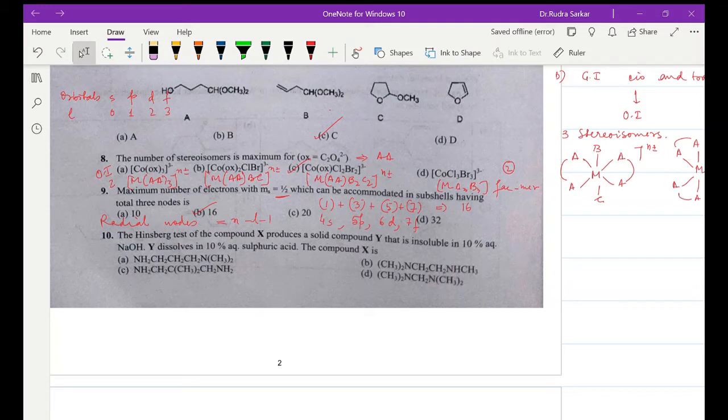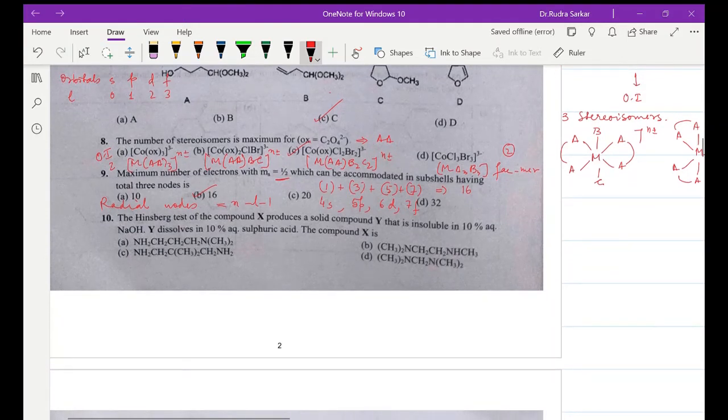So Y, if it is going to be dissolved by 10% sulfuric acid, that means Y is basic in nature. Okay, Y is basic in nature, and it is saying it is insoluble in 10% NaOH. So something that is insoluble in NaOH, that means it itself is a base.